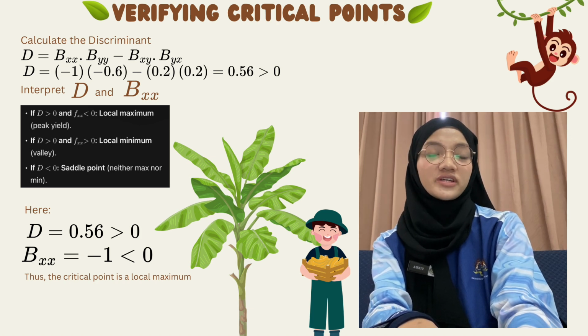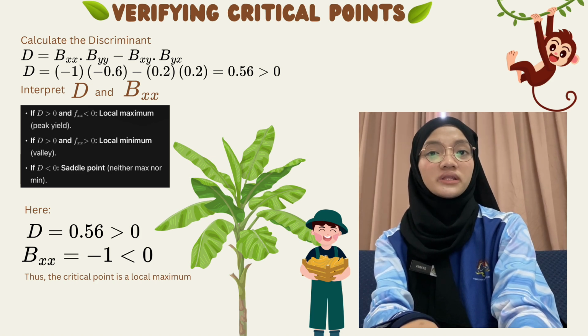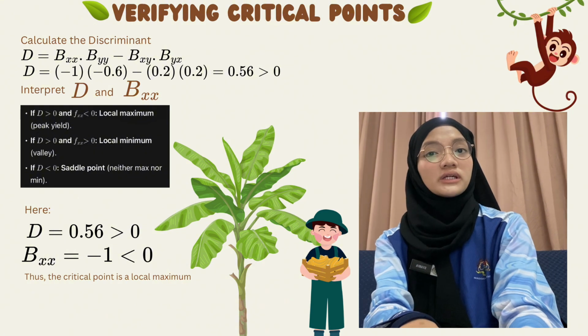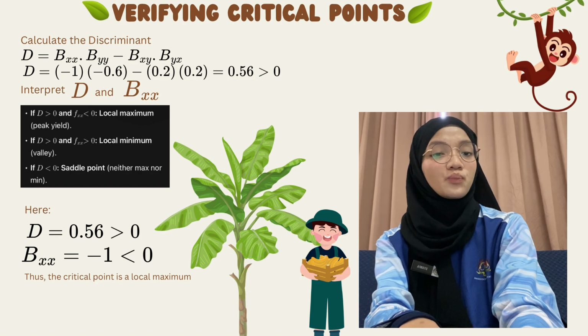And with this verification complete, we can be 100% confident that 67.9 kg per hectare nitrogen and 89.3 mm per hectare water represent the scientifically validated optimal input combination.